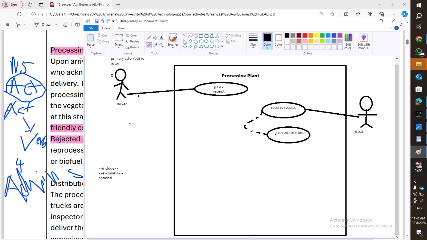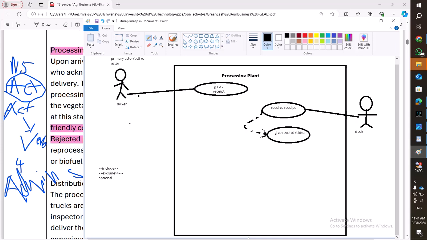If it's included, the arrow comes from the original use case that needs to be done, and then goes to the next step.